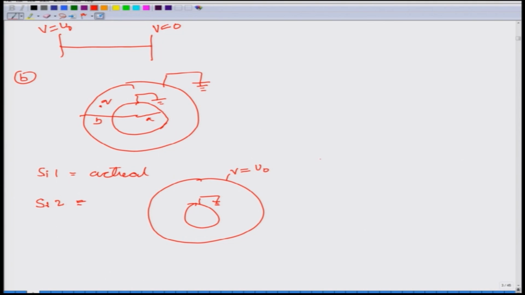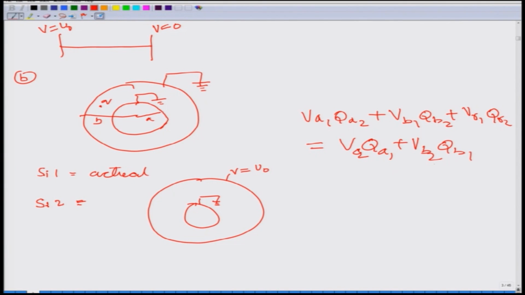In this case it will be VA1 QA2 plus VB1 QB2 plus VR1 QR2 is equal to VA2 QA1 plus VB2 QB1 plus VR2 QR1.